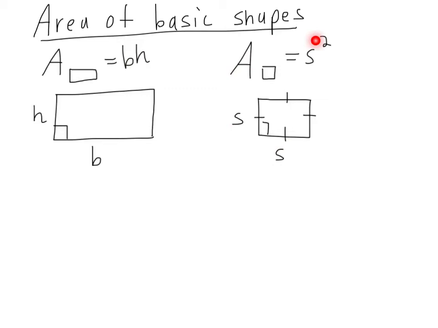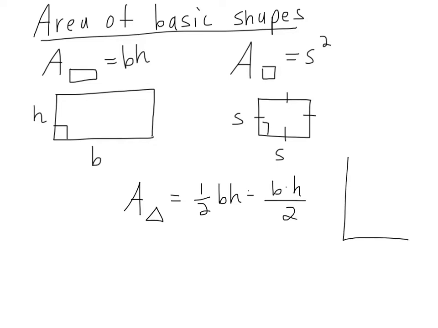Okay, and then last but not least, we remember that the area of a triangle is half of the base times the height, or you could say multiply the base times the height and then divide it by 2. Same thing. And so here's my triangle. Notice here's our base, here's our height, and the base and the height must be perpendicular to each other. That is crucial.